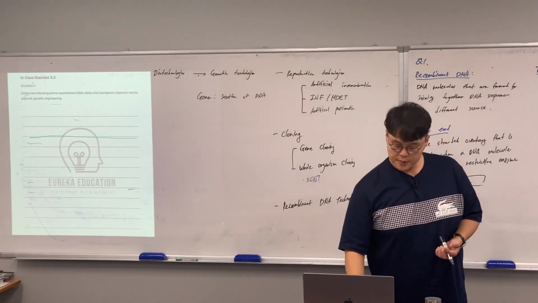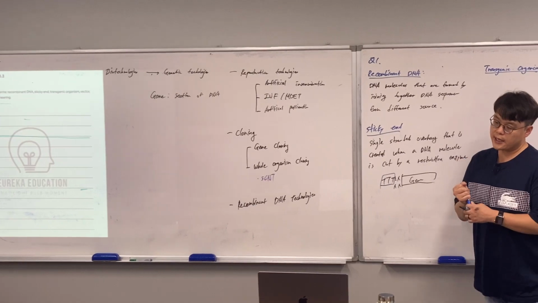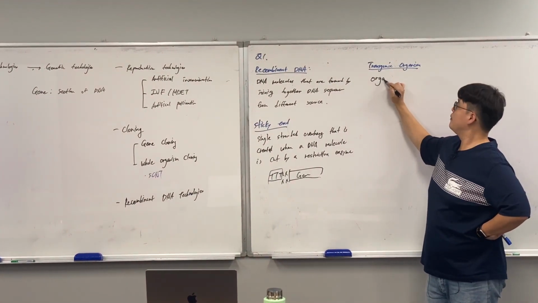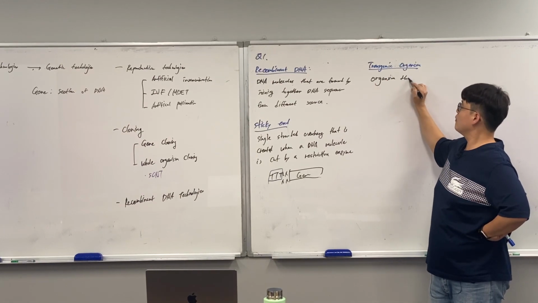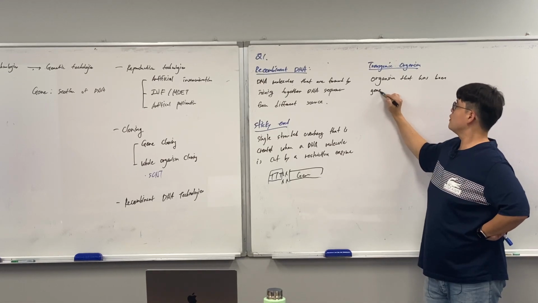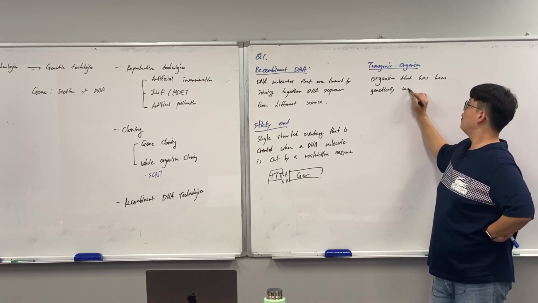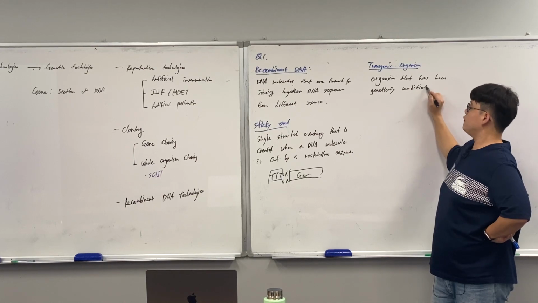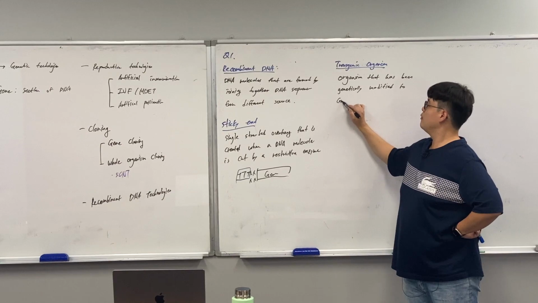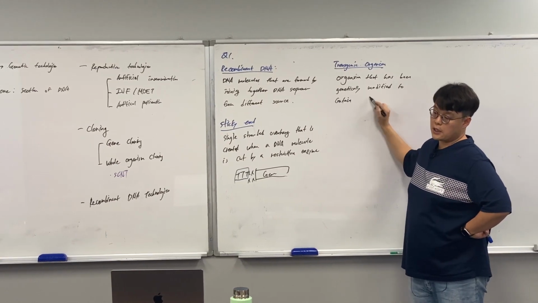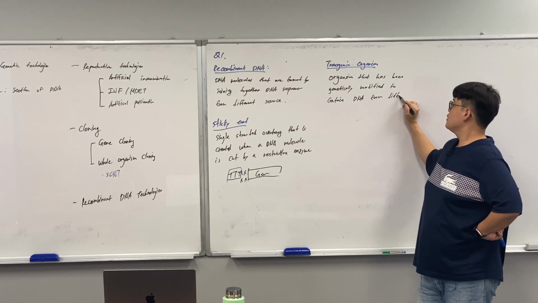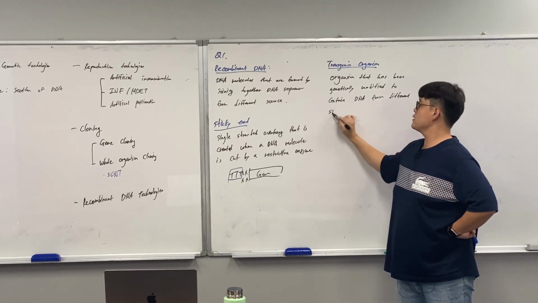A transgenic organism is an organism that has been genetically modified to contain the DNA from a different species.